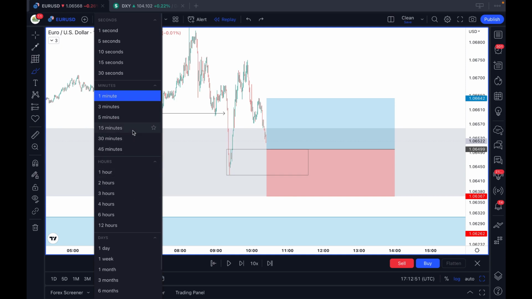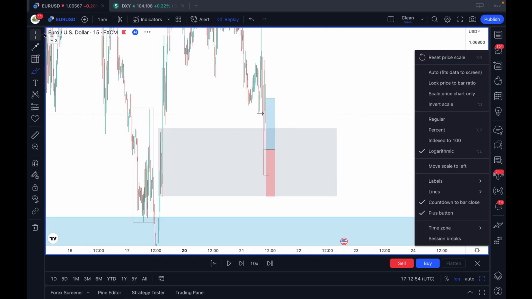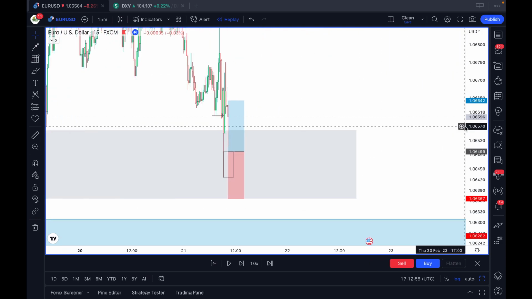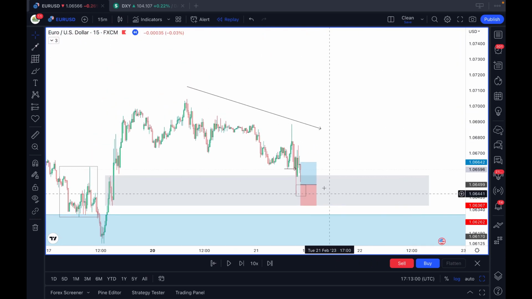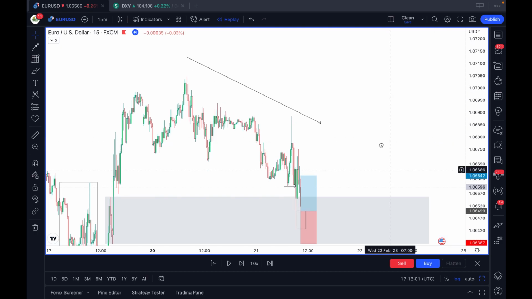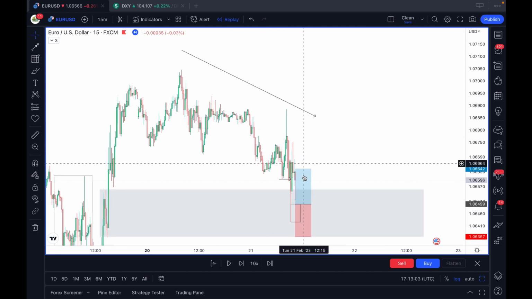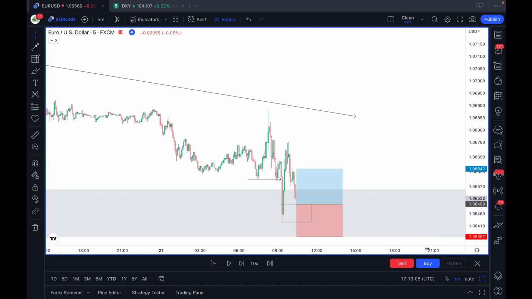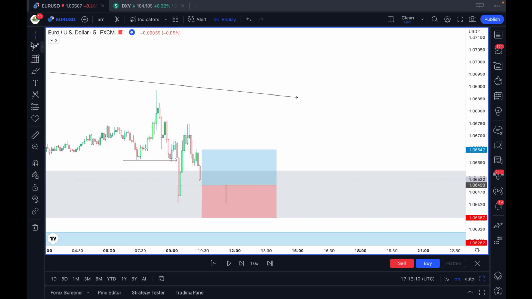Again, I'll leave screenshots somewhere here so you guys can see. And then secondly, my target. I had two targets, but my first target was, if I scroll on the 5 minute, this region here.